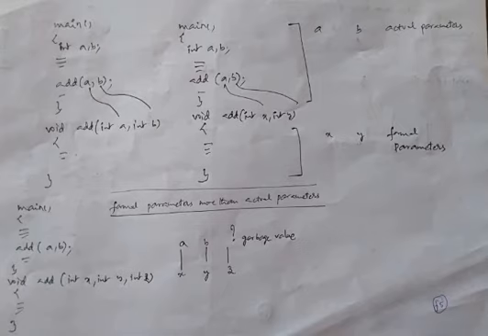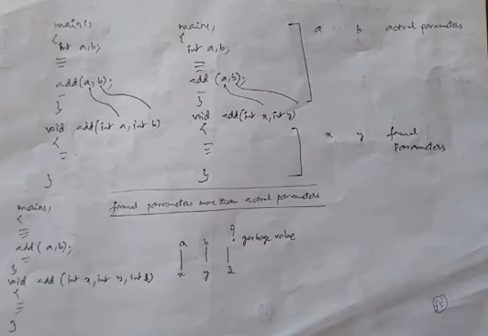What is important is there must be one-to-one correspondence between actual parameters and formal parameters. The parameters which are declared in the main program are actual parameters, and the parameters we use in the function definition are formal parameters.